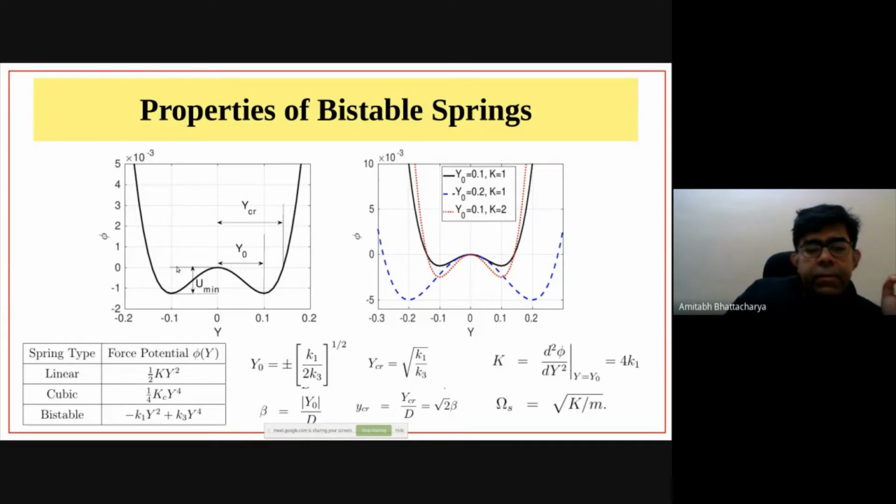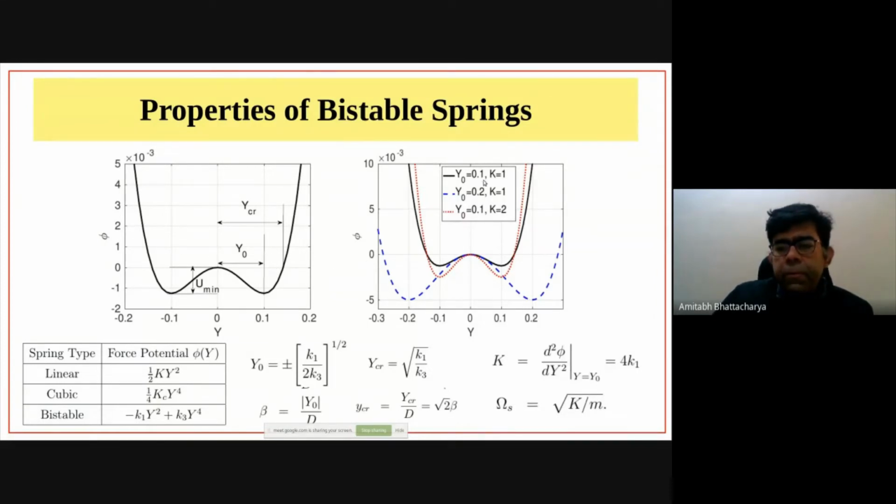If it is able to harvest very little energy from the flow, then it stays within one potential well. But if it is able to harvest more energy, it is able to snap through from one well to another well and go back and forth like this. That is what a bistable spring potential looks like.